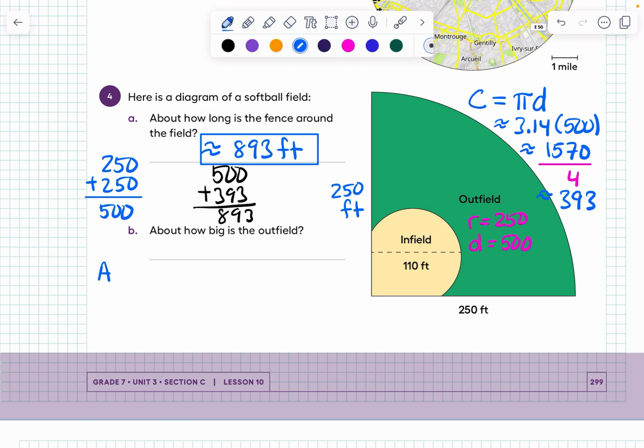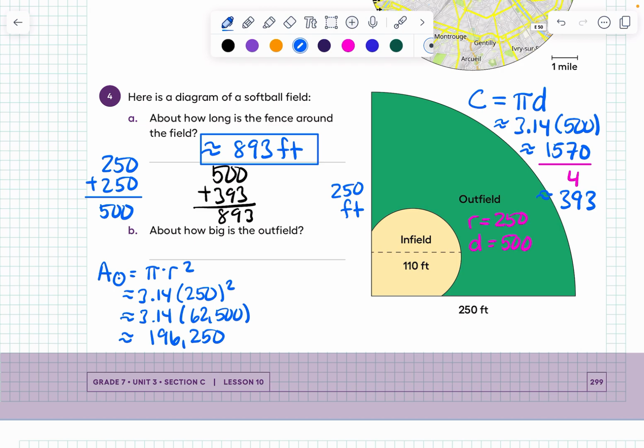So we have area of a circle is equal to pi times r squared. So I have 3.14 times 250 squared, because don't forget that the radius was 250 here. So 250 squared is 62,500, and that number times 3.14 is 196,250.